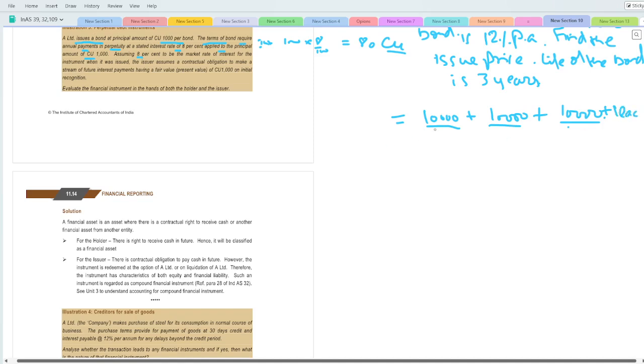And this I will be discounting at the market rate. The market rate is given as 12% here, so this becomes my effective interest rate.